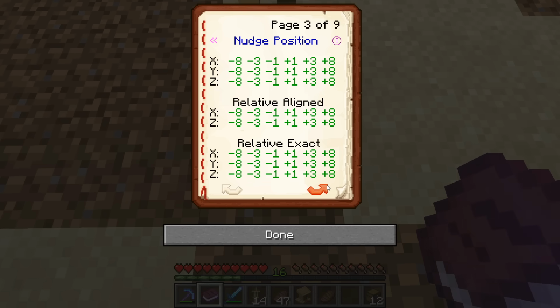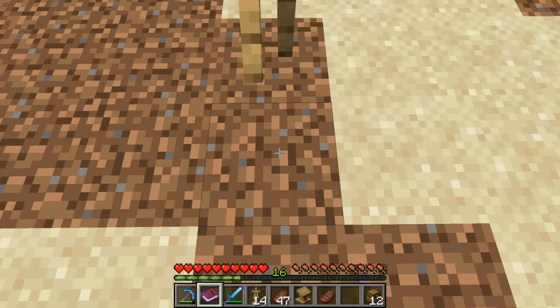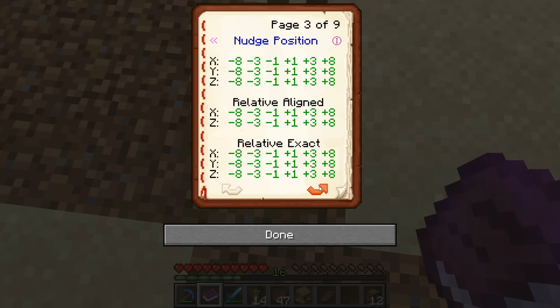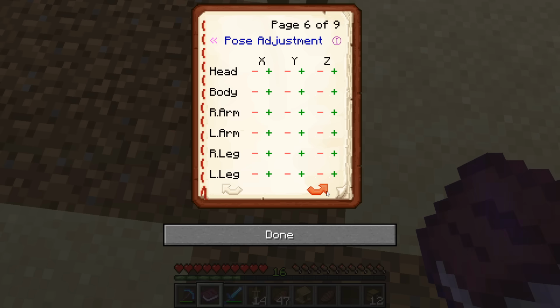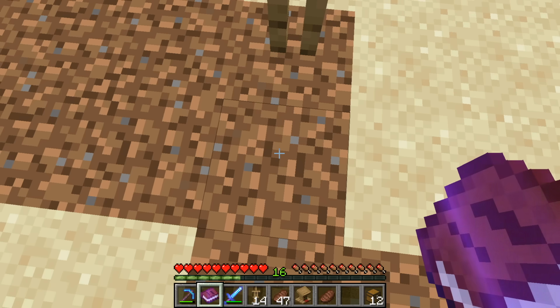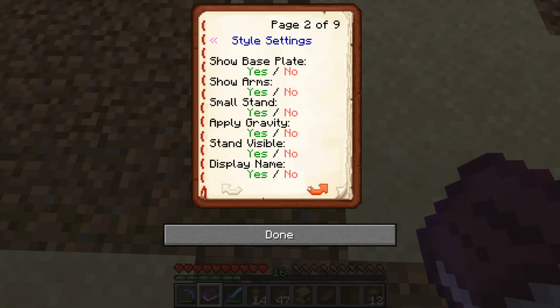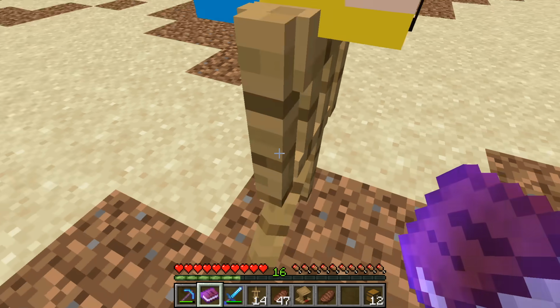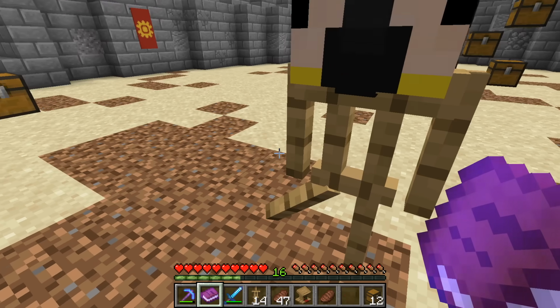So that's X. We'll turn it back to attention. Attention is a really good neutral pose. It's not the exact neutral pose, but it's close enough. And then Y spins it, and then Z lifts it to the side. But you'll notice, in combination, it looks a bit odd like that.